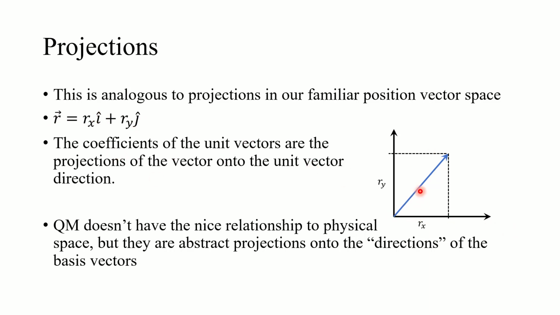If we had our generalized vector r, and we were to take the dot product of r with i hat, it would be the projection of that vector onto the i hat direction, and the component would be this size, and likewise the y component would be this way. Now, in quantum mechanics, this projection doesn't necessarily have a mapping to a physical geometry, but you can create sort of an abstract geometry, and these inner products between one vector and another are the projections of those vectors onto each other.